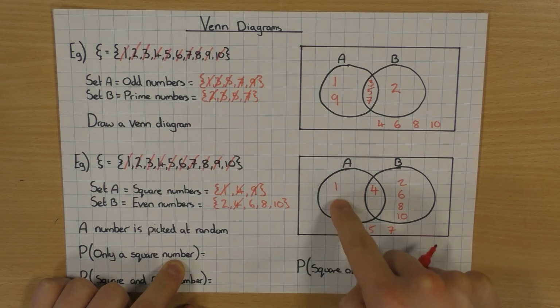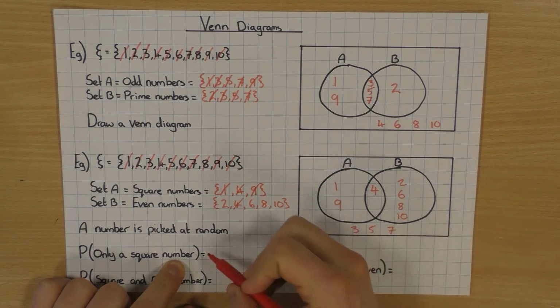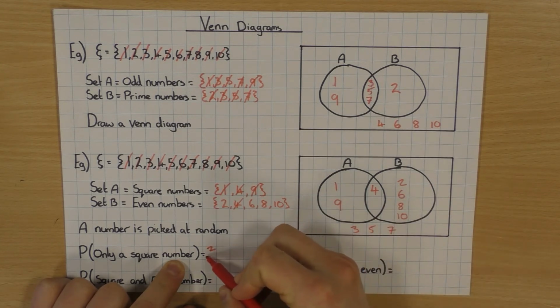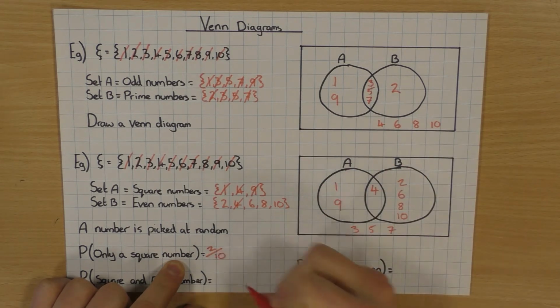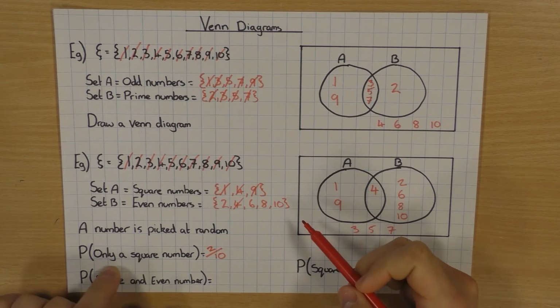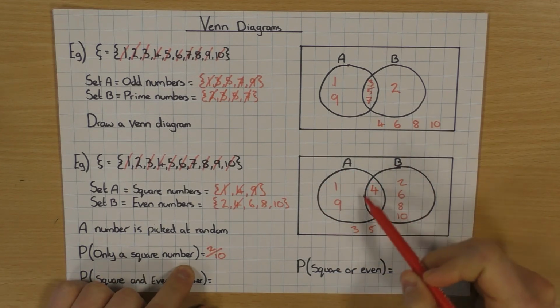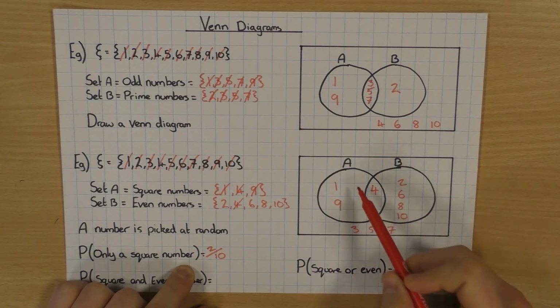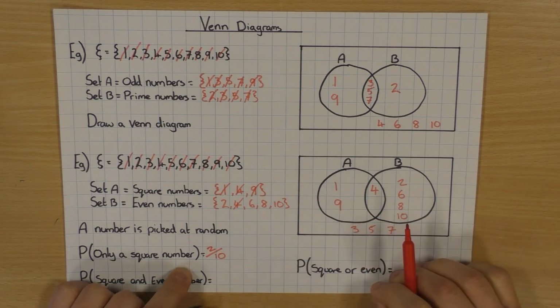So it would be 2 out of all the numbers, which is 10. It's this section here, not including the 4, because that could be included as an even number. So it's only these ones here, 2 out of 10 numbers.